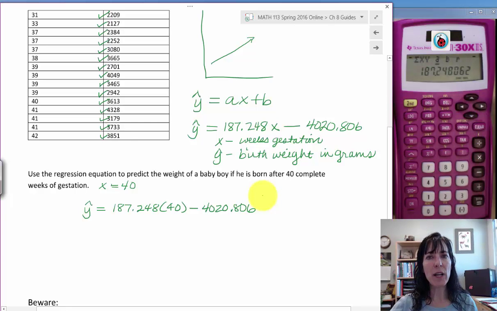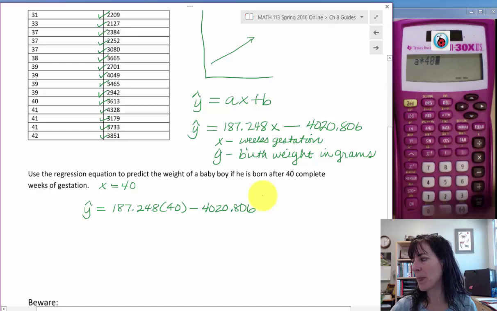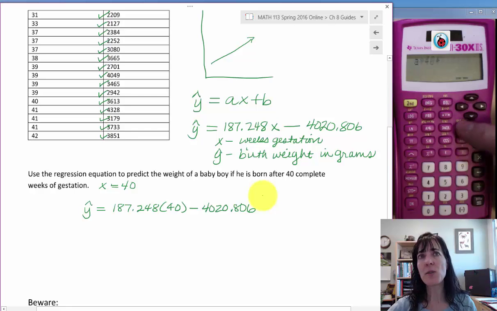Now there's a sneaky way to do this on my calculator. I can just go back to the A, and I have the 187.248 with the rest of the decimals, and I can just say times 40 and then plus, and then I can go back to StatVar, scroll back over to the B and push equals, and it's going to do AX plus B. It's beautiful.